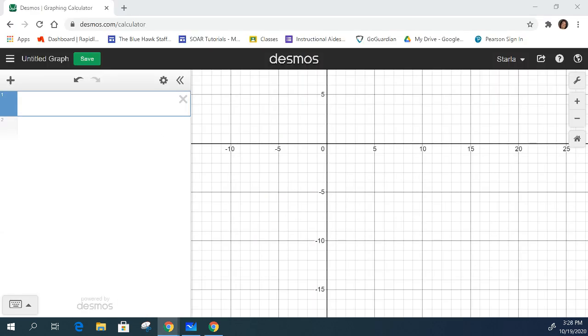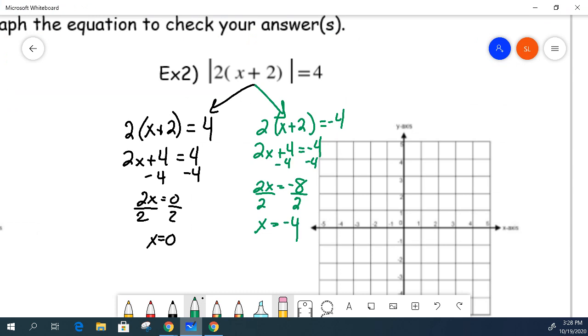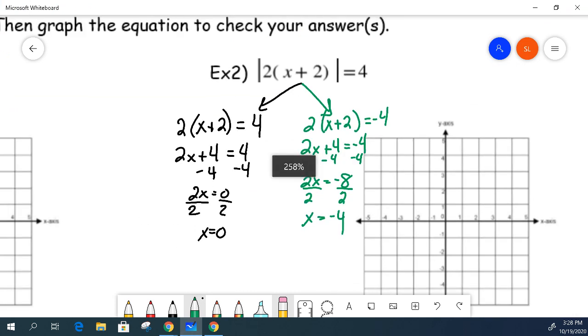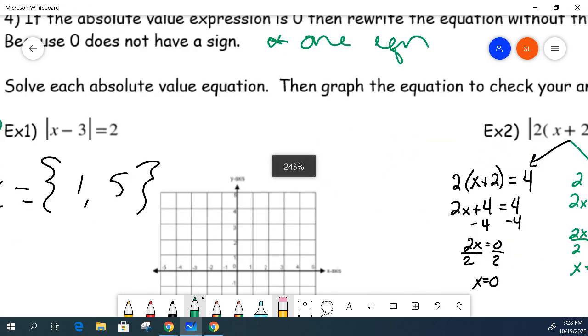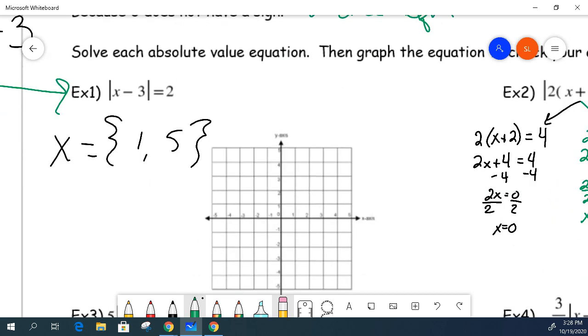All right, so let me go back here really quick. Anytime we are going to solve by graphing, we have to put it in standard form, which means we have to make it equal to 0.